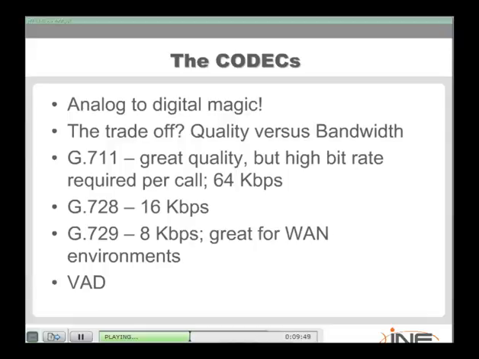In the CCDA exam, you are expected to have good knowledge of these codecs. First of all, what is the codec doing? Well, the codec is that very sophisticated process that's responsible for taking my voice, which is in an analog waveform, and making sure that voice can be effectively communicated over the digital network.